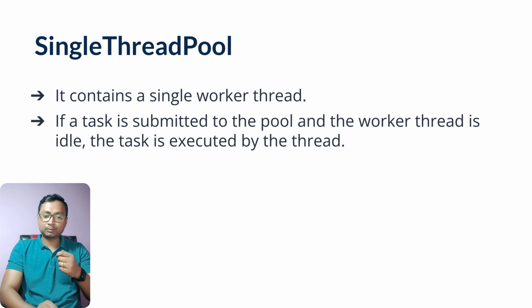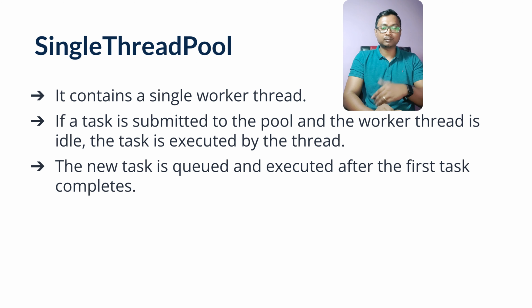So let's say you submit a task to the pool. If the worker thread is idle, it will pick up your submitted task and complete the execution. If the worker thread is busy, then your task could be queued, and as soon as the worker thread is available, it will pick up your task.